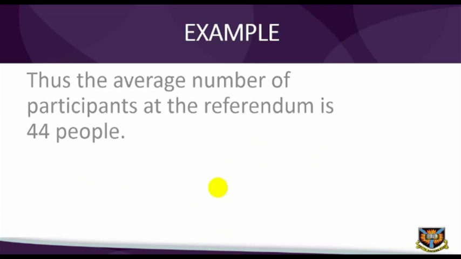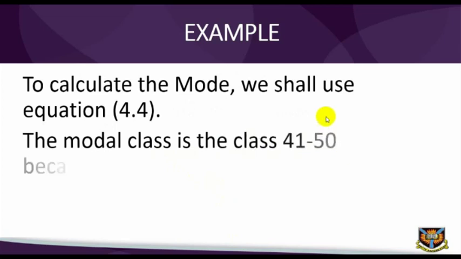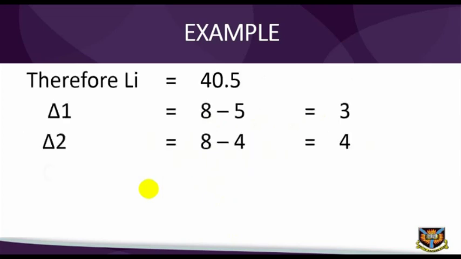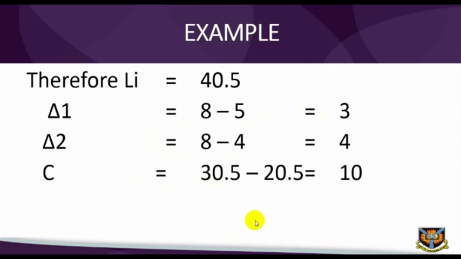To calculate the mode, we shall use equation 4.4. Mode is equal to Li plus (delta 1 over delta 1 plus delta 2) times C. The modal class is the class 41 to 50 because it has the highest frequency.